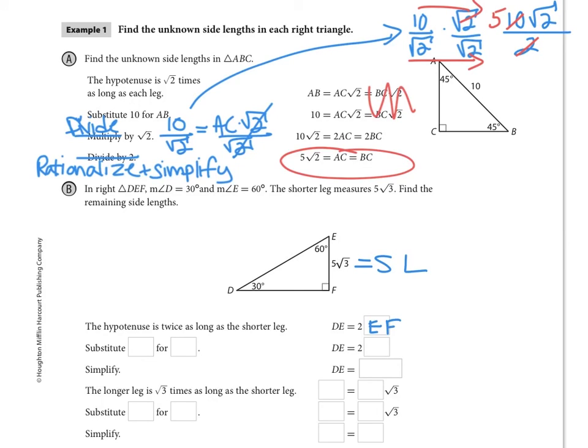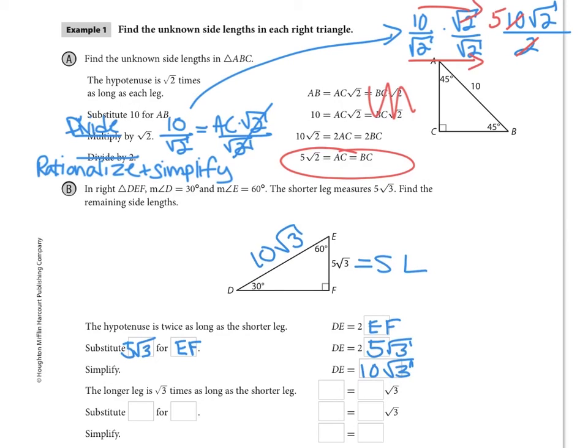So we're going to substitute the value 5 radical 3 for EF, and then DE is 2 times 5 radical 3, which makes DE 10 radical 3. So let's write that on the diagram.